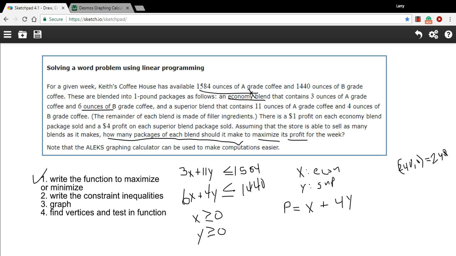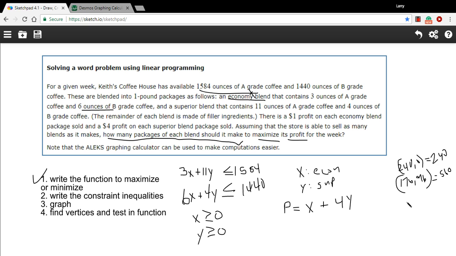And let's see, let's try the 176.96. So when I plug that in, let's see, 4 times 96, 384. So that's going to be 560. Definitely bigger than 240.